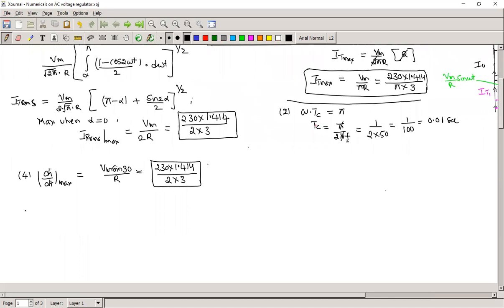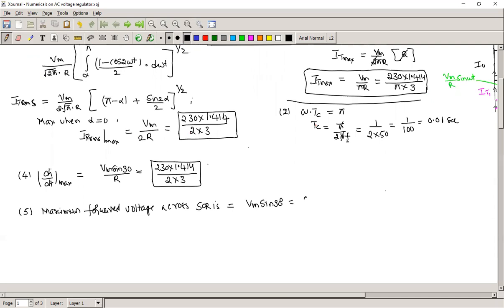So the fifth bit: the maximum forward voltage across the SCR is Vm sin 30 degrees.